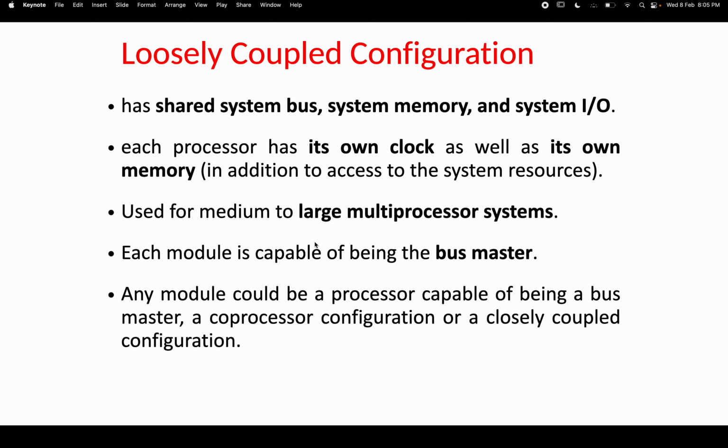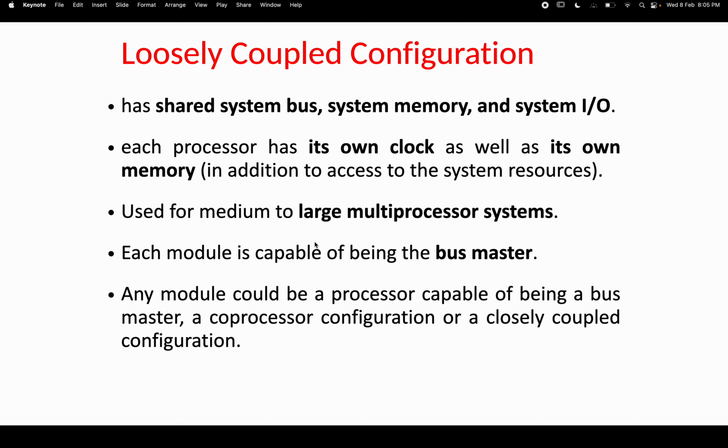And the third one is loosely coupled configuration. In loosely coupled configuration, we have a shared system bus, system memory, and system input output. But each processor has its own clock as well as its own memory, in addition to access to the system resources.